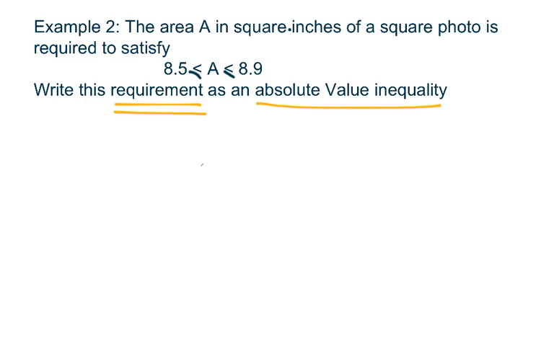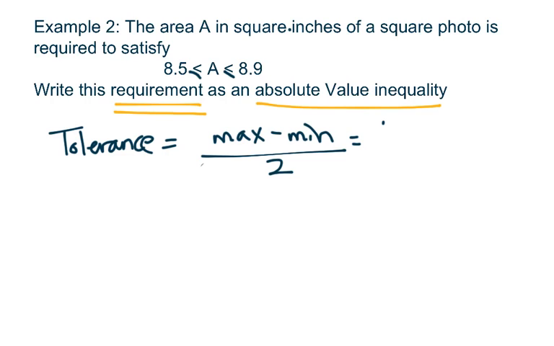The first step is to find the tolerance. The tolerance is equal to the max value minus the minimum value, divided by 2. That's 8.9 minus 8.5 divided by 2, which equals 0.4 divided by 2, or 0.2.